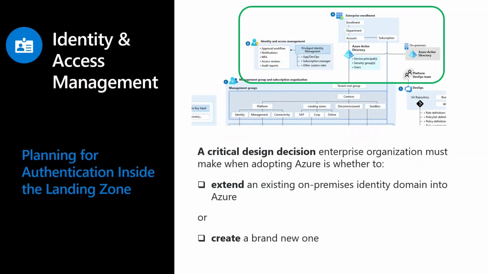In the identity and access management area, we talk about the authentication against the control plane, so Azure, or more precisely, the Azure Resource Manager, and as well about authentication inside the landing zone. That means how can an application consume, for example, Azure Active Directory, or things to keep in mind when doing infrastructure lift and shift.